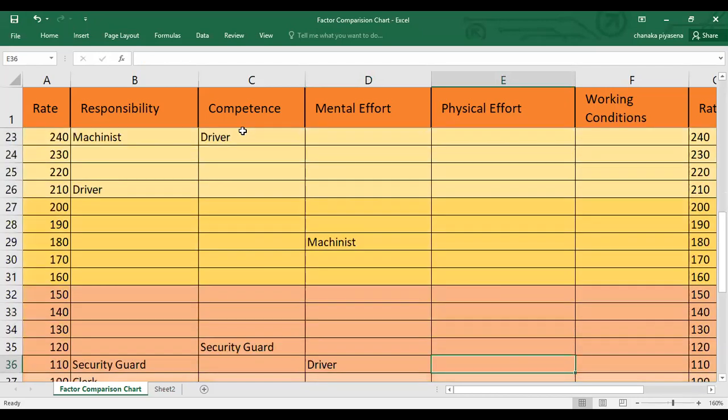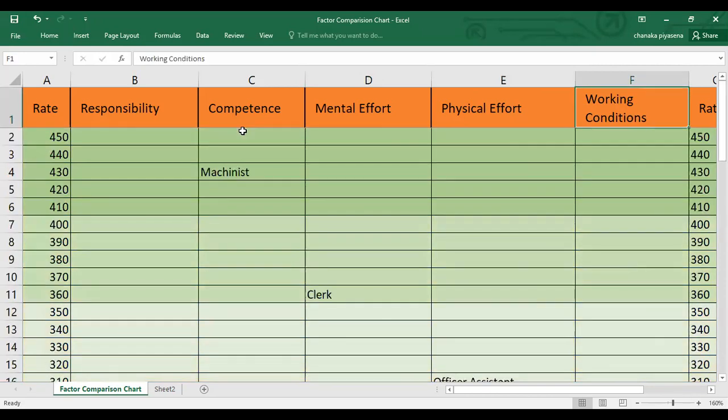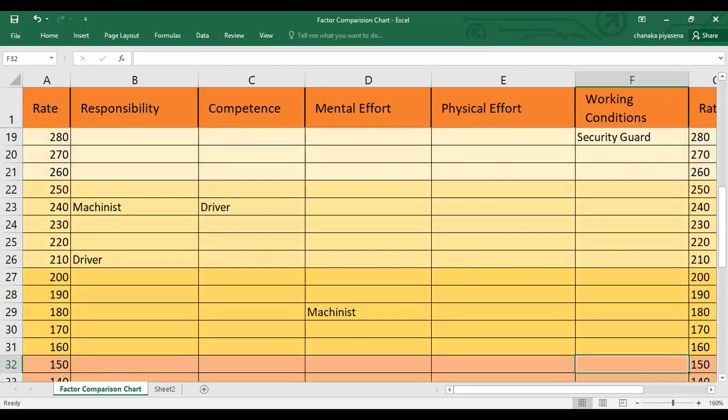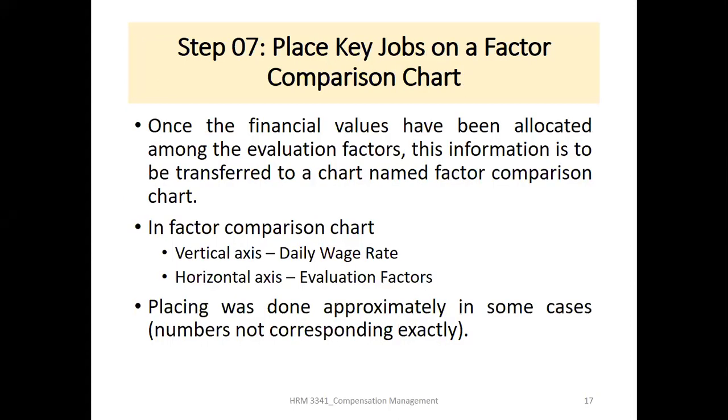As a final factor, we locate our key jobs under the working conditions. Now we have the basic guiding document for the job evaluation, that is the factor comparison chart. Then we can place our key jobs on a factor comparison chart.